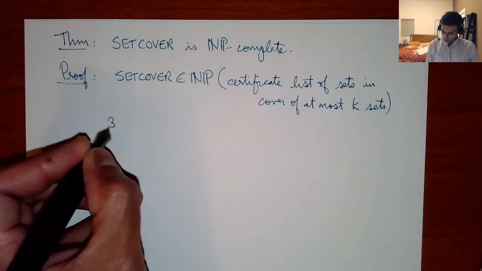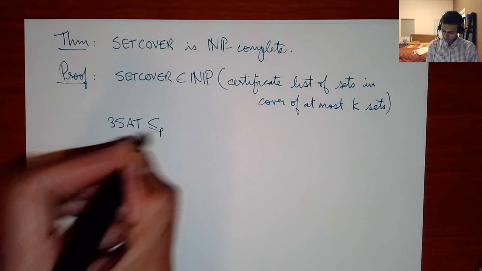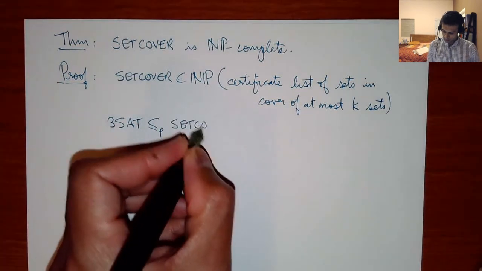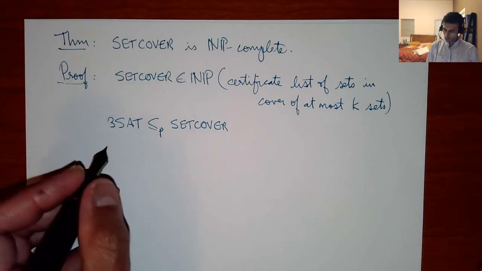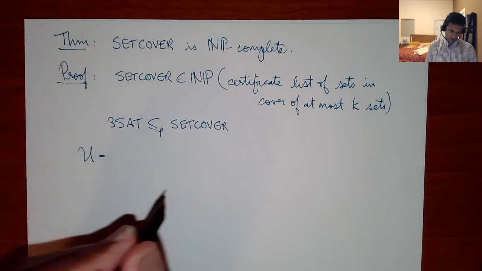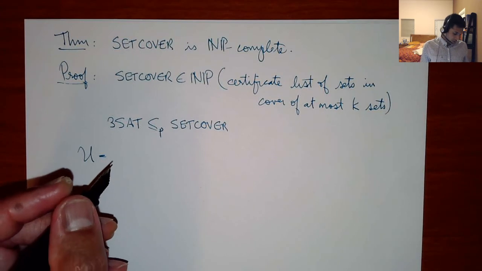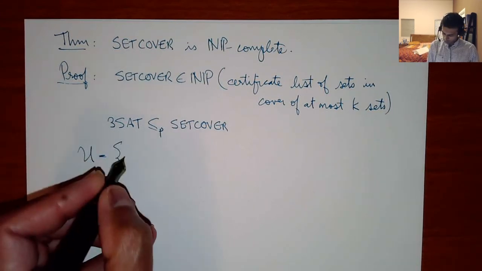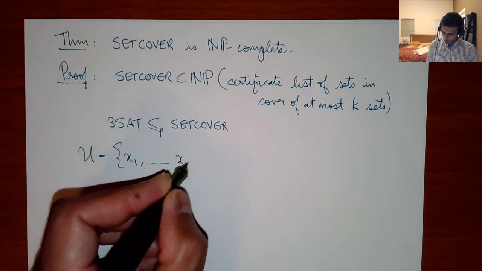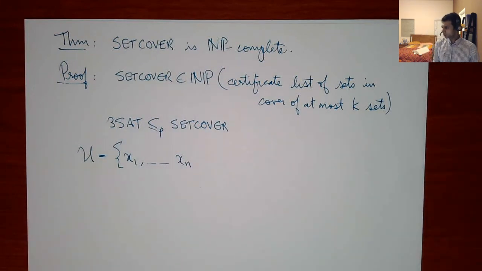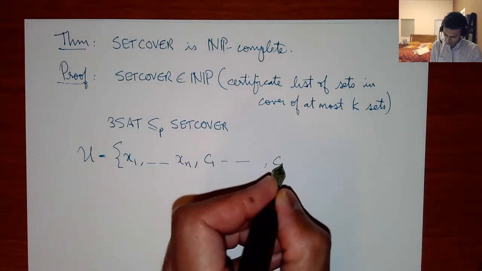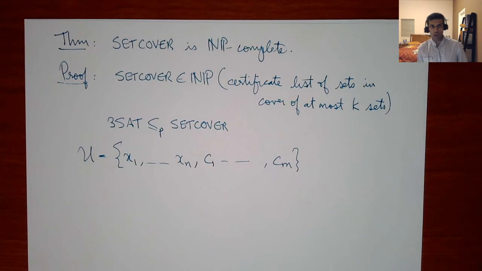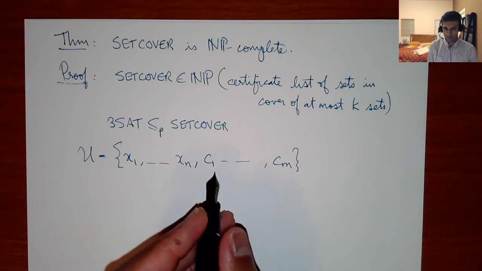And now let me prove that 3-SAT can be reduced to set cover. Okay. So let me first tell you what the universe is. The universe is going to be all variables, and an element for all clauses.